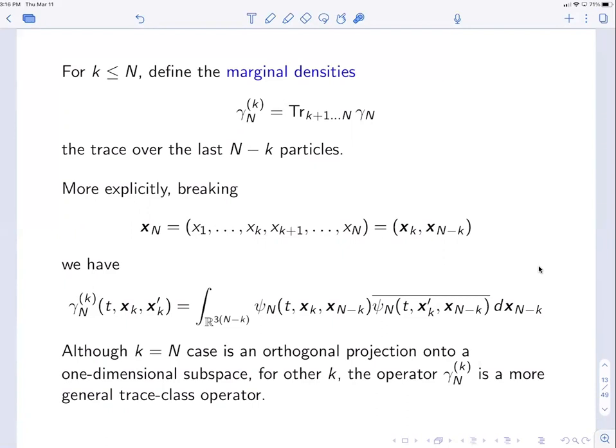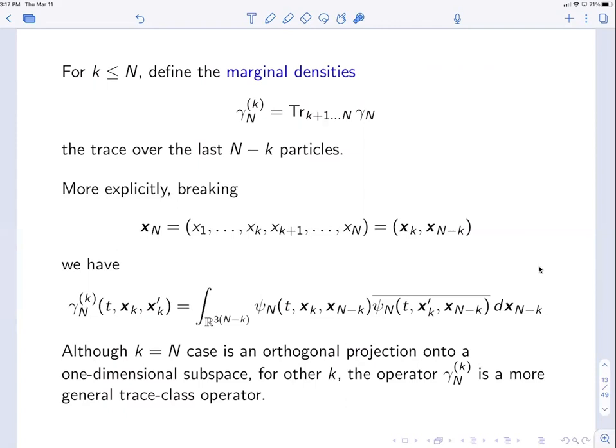And then we're looking at a kernel, which is a function of x_k and x_k prime, obtained by taking the gamma_N density, setting x_{N-k} equal to x_{N-k} prime, and integrating over that 3(N minus k) dimensional space. So that is the trace.